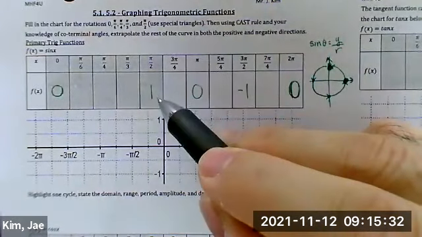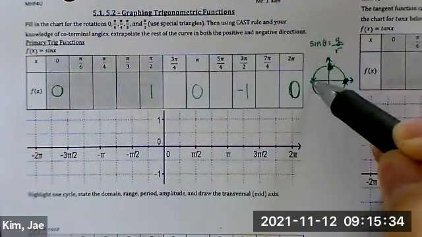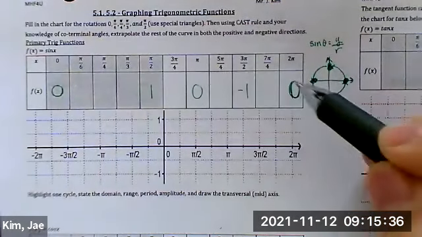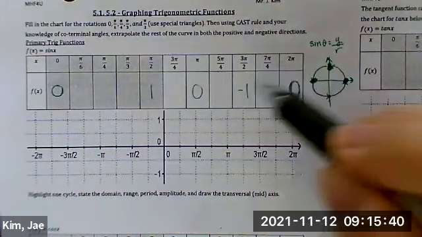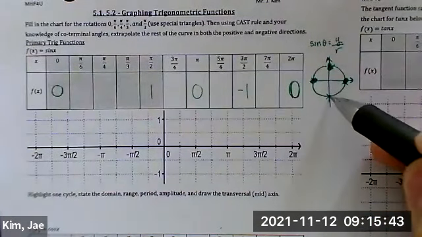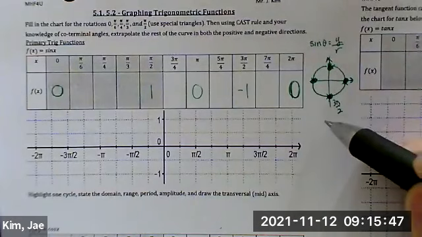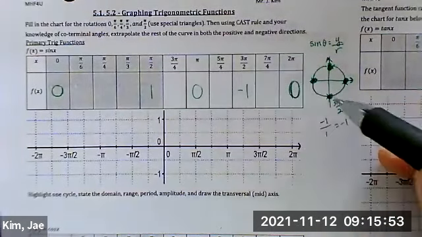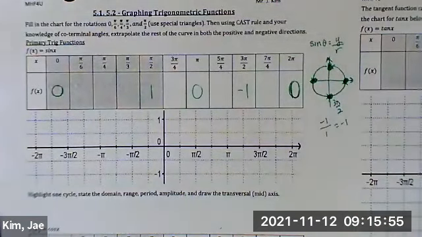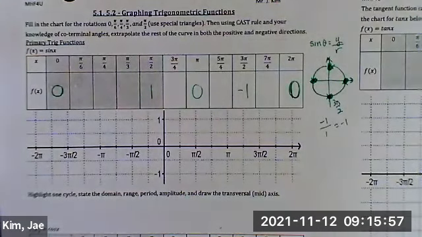So that's why it's 1 over 1. When I am at 180 degrees or full pi, what's my y value? 0. So 0 over r is 0. And when I am here, 3 pi over 2, my y value is -1, and my radius is 1, so that I have -1. And then I go back to 0. That should be familiar to all of you.